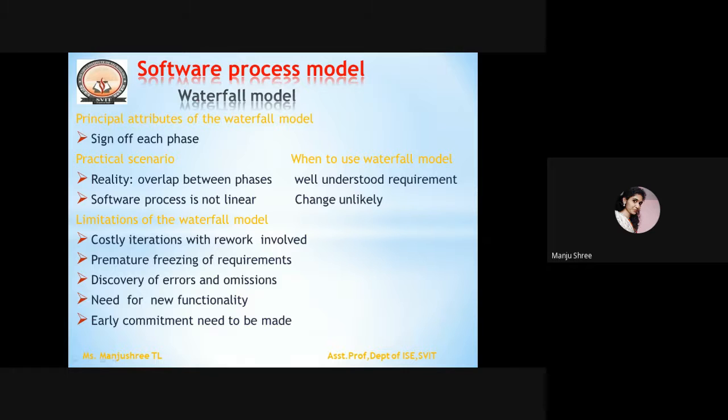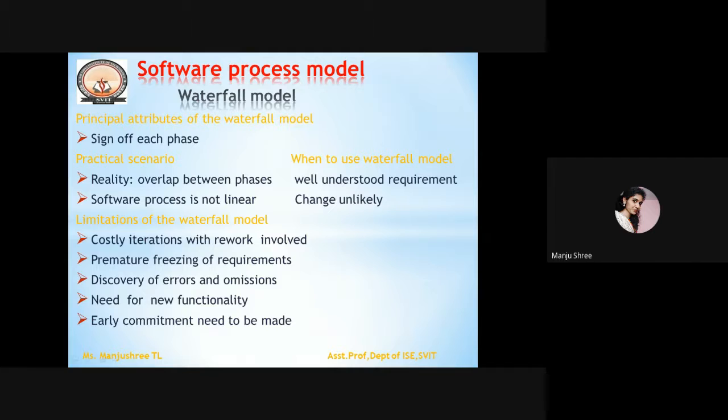Now some of the limitations of the waterfall model. Costly iterations with rework are involved. Iteration becomes costly and involves significant work, so after some number of iterations in every phase, once you sign off a phase there is no way you can go back to it. So rework is involved.